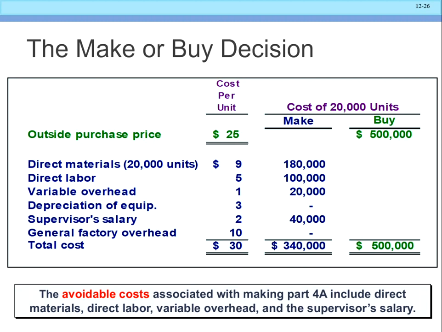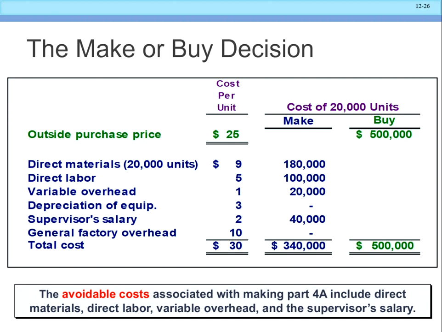Therefore, it's relevant: 5 times 20,000 giving us $100,000. Variable overhead, yes, all variable costs are avoidable because they vary with each unit produced. Therefore, if we decide not to produce, this cost is avoidable. So in the make decision, it is relevant, $20,000.